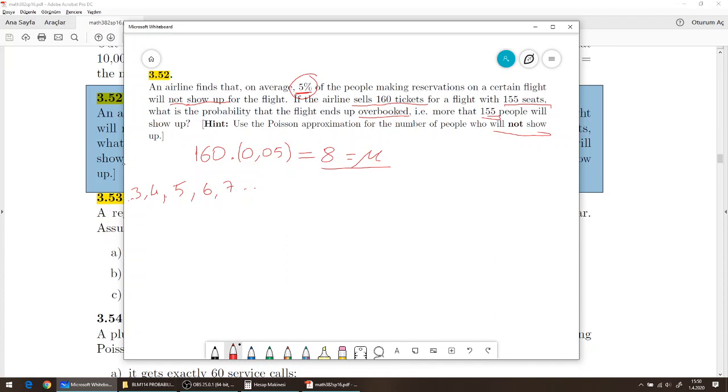The problem starts at a number of passengers up to 4 that don't come. For example, assume that 4 people don't come.